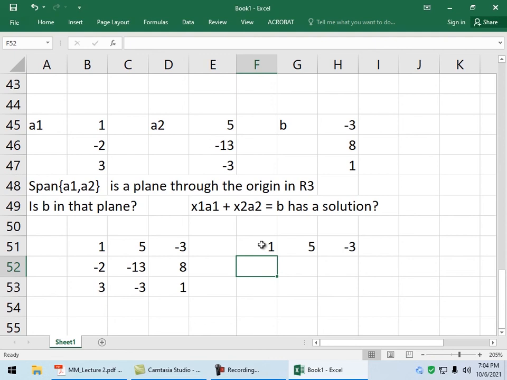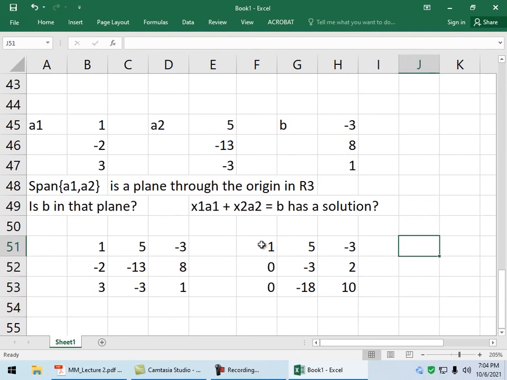Done? So in our second row there will be 0, minus 3 and 2. In our third row there will be 0, minus 18, 10.